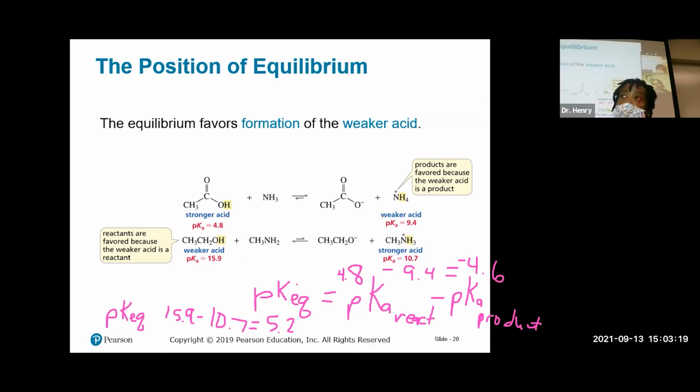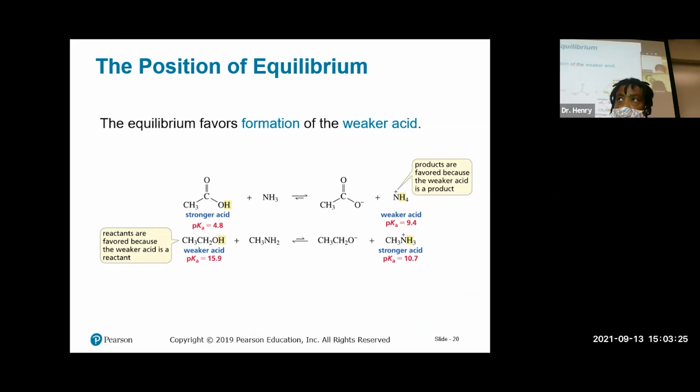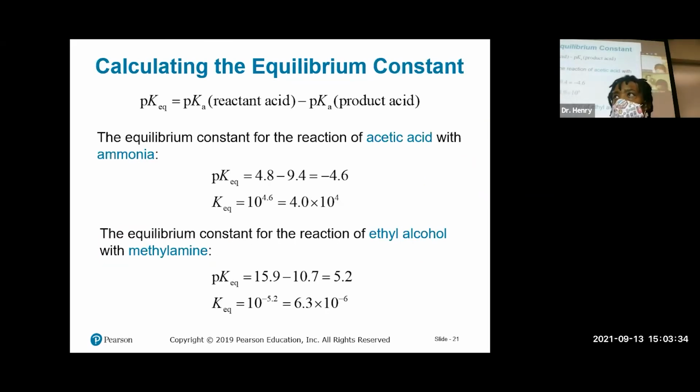Okay, and this is how we calculate our equilibrium constant. pKeq equals pKa reactant acid minus pKa product acid.